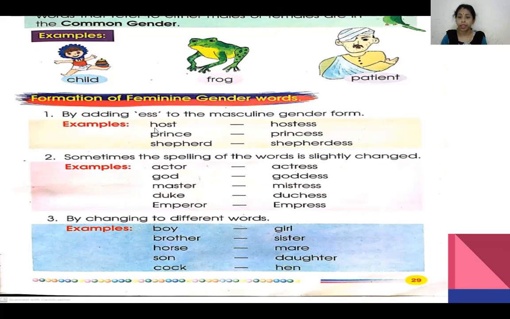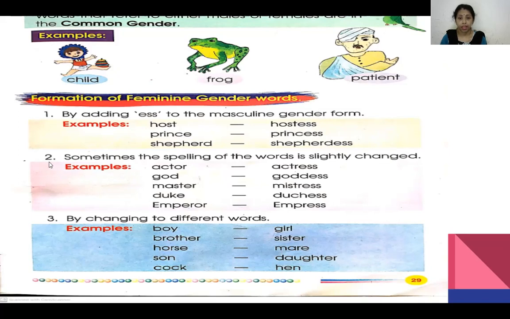Host. H-O-S-T. Host. If we add ess at the end of host, it will become feminine gender, like hostess. Prince, princess. Shepherd, shepherdess. See, each and every word here is adding E-double-S and becomes feminine gender.